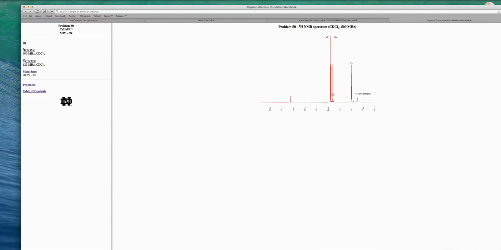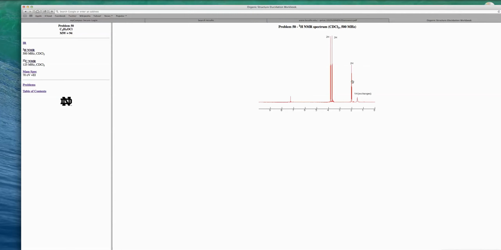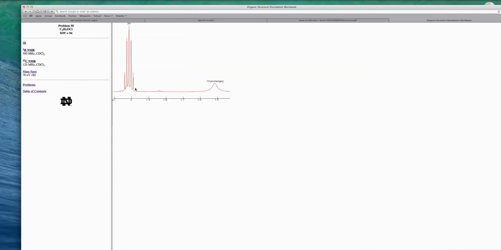And again, we see the two triplets. One's at 3.8 to 3.85, one's at 3.68 to about 3.72. That is, according to our prediction, our multiplet between 2 and 2.05.